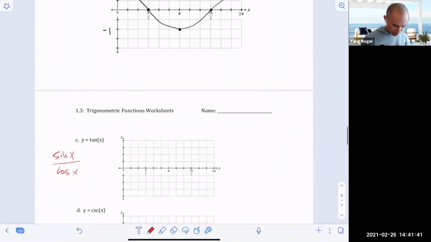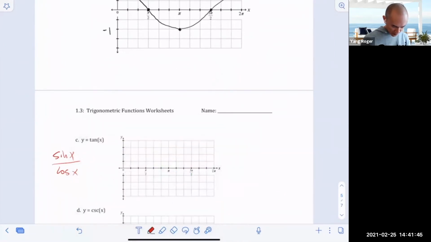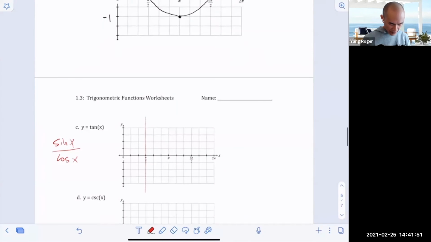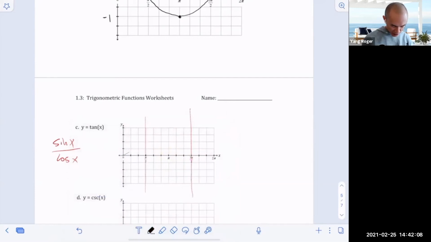So we're going to have a vertical asymptote here. We have another vertical asymptote over here. And then the graph for tangent kind of just shoots off.